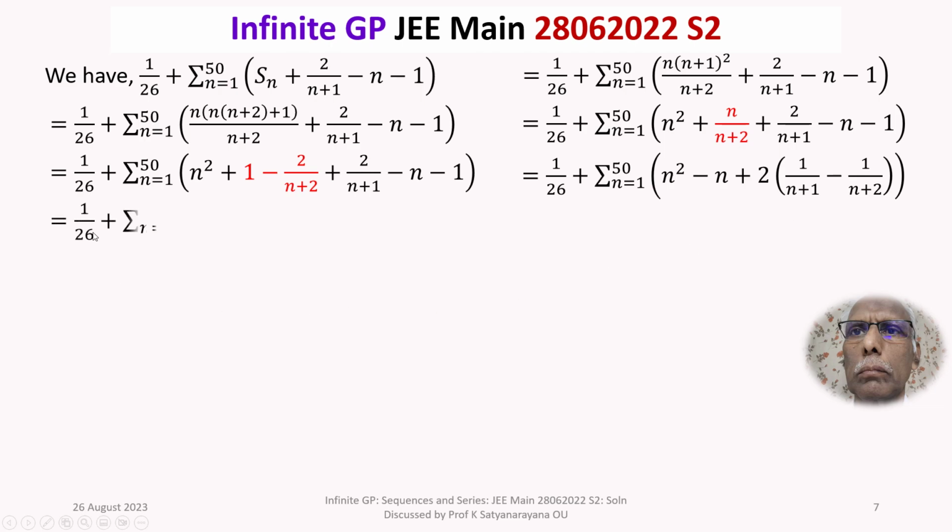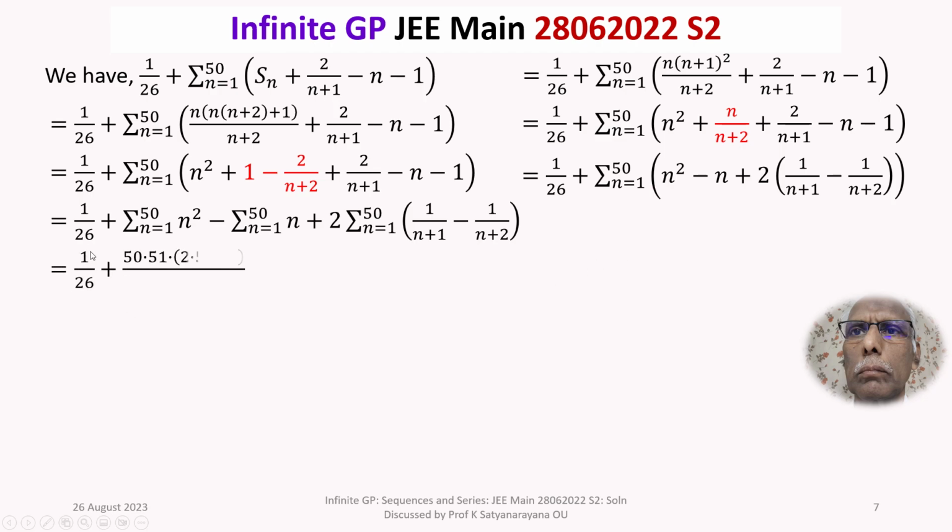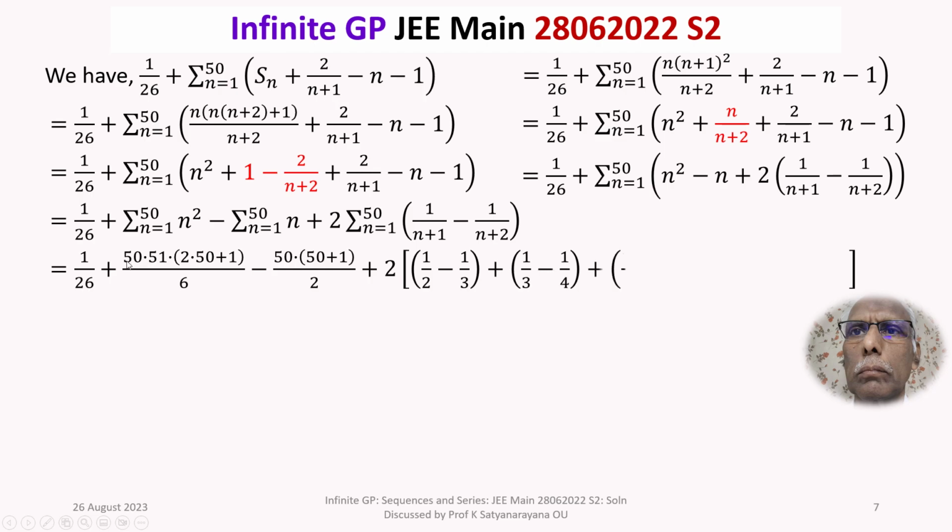And this is equal to 1 by 26 plus sigma n square minus sigma n plus 2 times sigma of 1 by (n plus 1) minus 1 by (n plus 2), where the sigma runs over n equal to 1 to 50. And this is equal to 1 by 26, sigma n square, n equal to 1 to 50, is 50 into 51 into (2 times 50 plus 1) by 6.